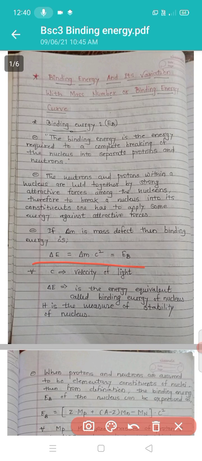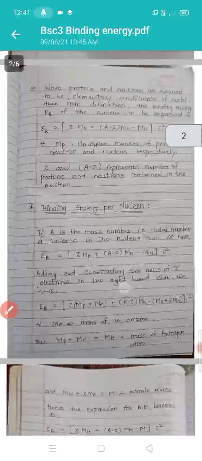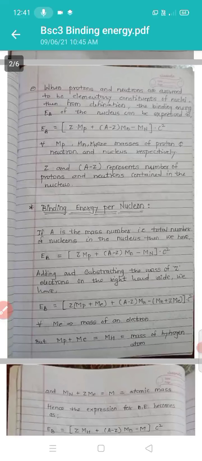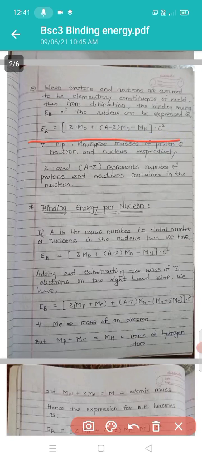When the protons and the neutrons are assumed to be elementary constituents of the nuclei, then from the definition of the binding energy, the EB of the nucleus can be expressed as EB = [Z Mp + (A − Z) Mn − M] c², where Z is the number of protons, Mp the mass of the proton, A − Z the number of neutrons, Mn the mass of the neutron, and M the total mass of the nucleus.